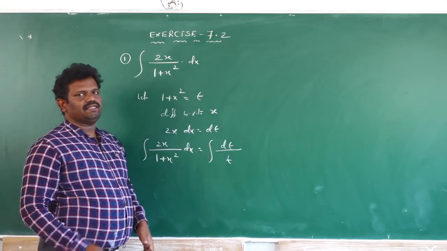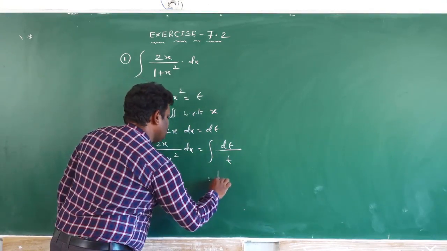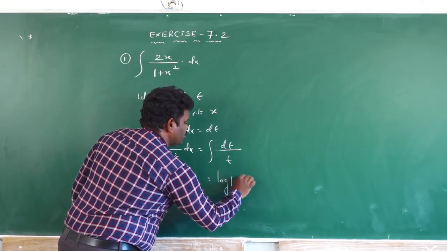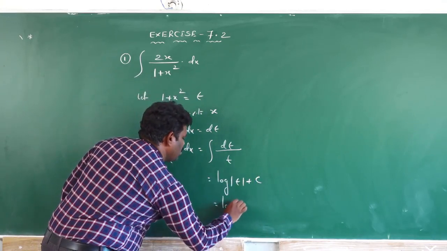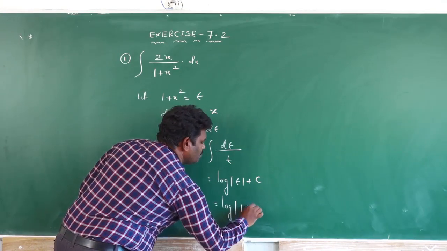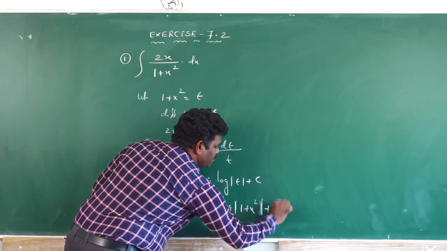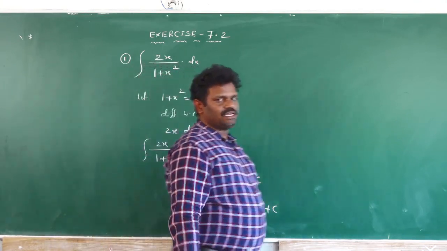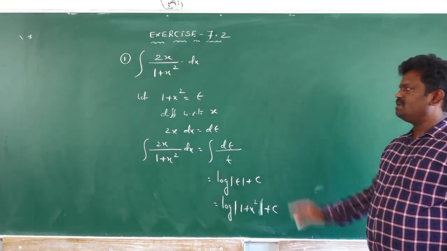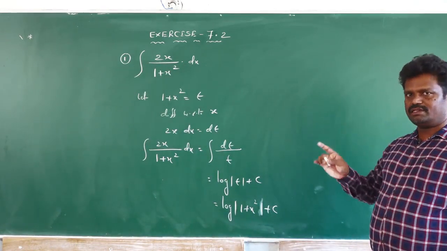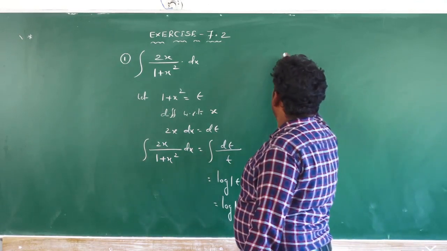Now we apply the standard formula, integral of 1 by x dx is log of t plus c. Now t is equal to 1 plus x square, so log of 1 plus x square plus c. So that is the solution of this given integral. This method is the substitution method. Already we discussed this method. Okay? So right.